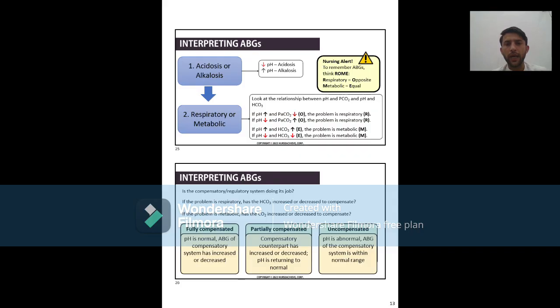Either the bicarb stays within its own range or it goes up or down, and we see whether it causes some change in the pH level. In uncompensated, there will be no compensation. The pH is abnormal, and the compensatory system is within the normal range.